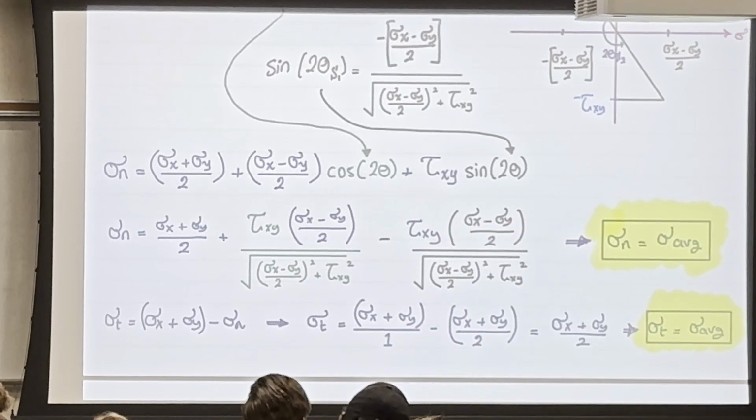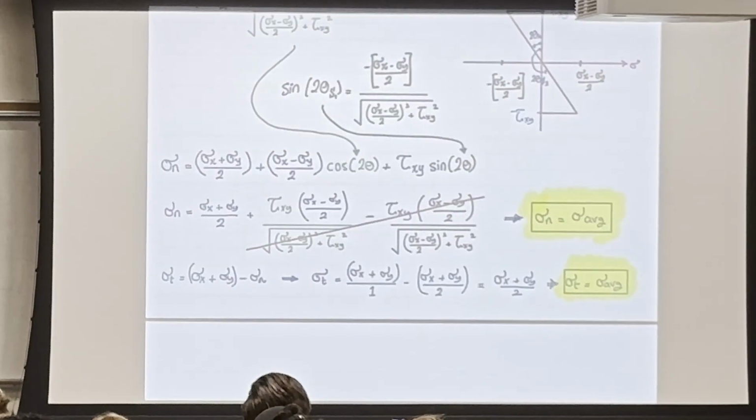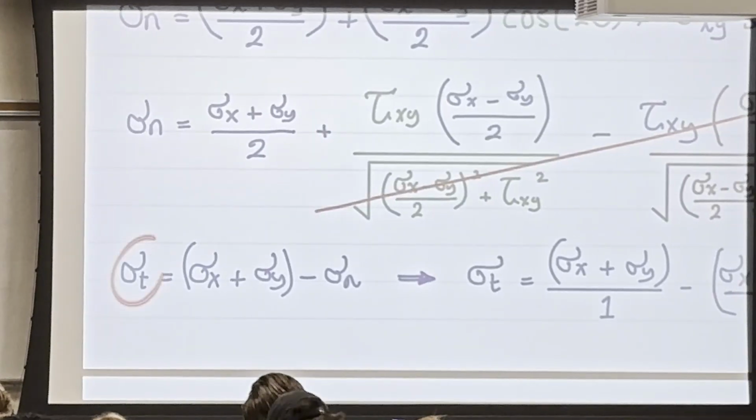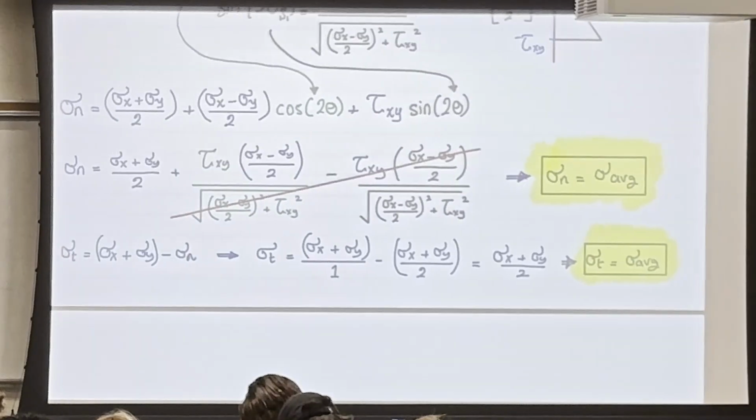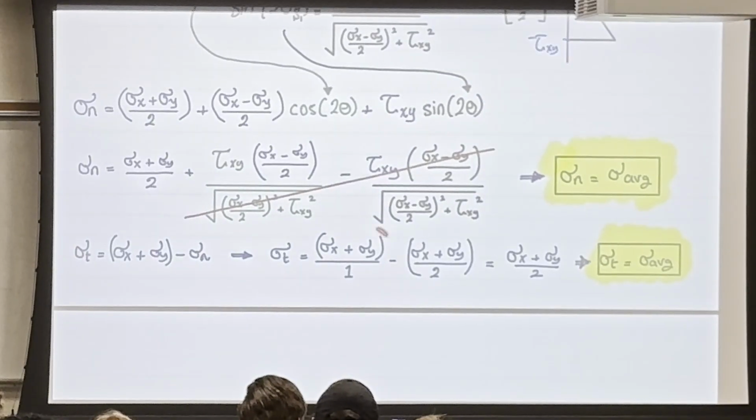And if they cancel each other, you're going to end up with sigma n equal to sigma x plus sigma y over 2, and this is sigma average. And if I want to find it for t, using the quick equation, which is x plus y minus n, you're also going to find sigma x plus sigma y over 1 minus sigma x plus sigma y over 2, which is 1 minus half, is equal to 1.